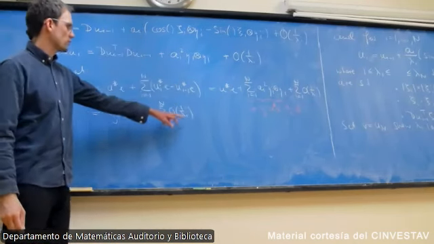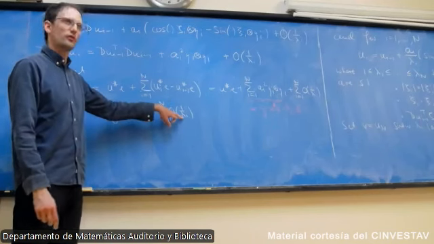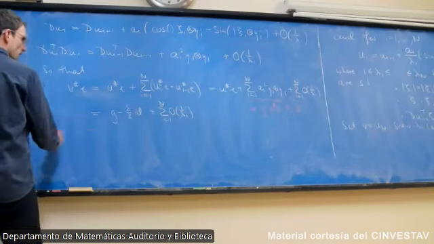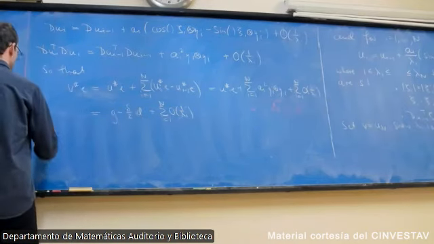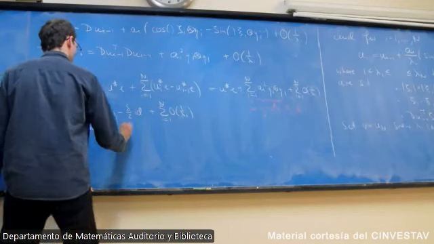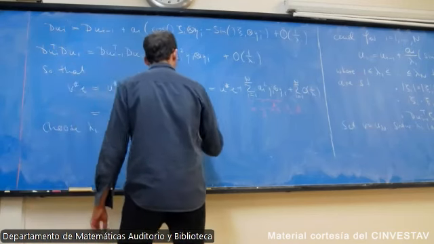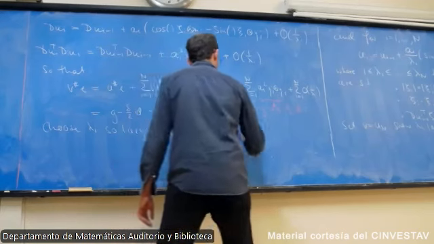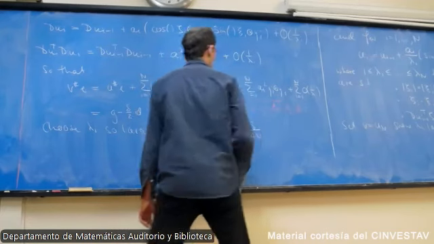Okay, now in the first step, I choose lambda so large that every one of these errors, which I can make arbitrarily small by choosing lambda large, is less than delta fourth identity. So choose lambda_i so large that O(1 over lambda_i) is less than or equal to delta over 4n.